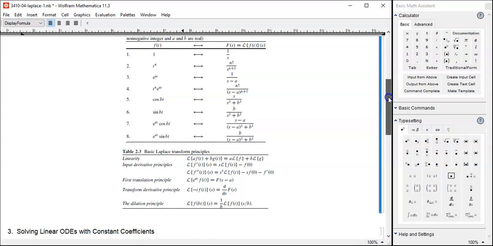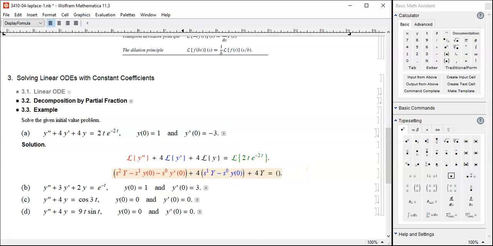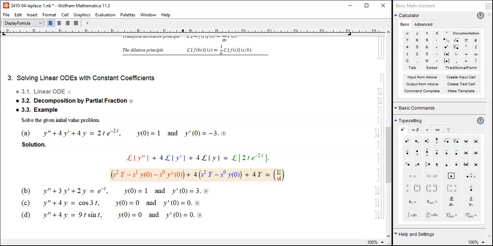Over there, we have n equals 1. So this is going to be 1 factorial over s minus a, and a is negative 2, so s plus 2 to the 1 plus 1 power, so it should be second power.